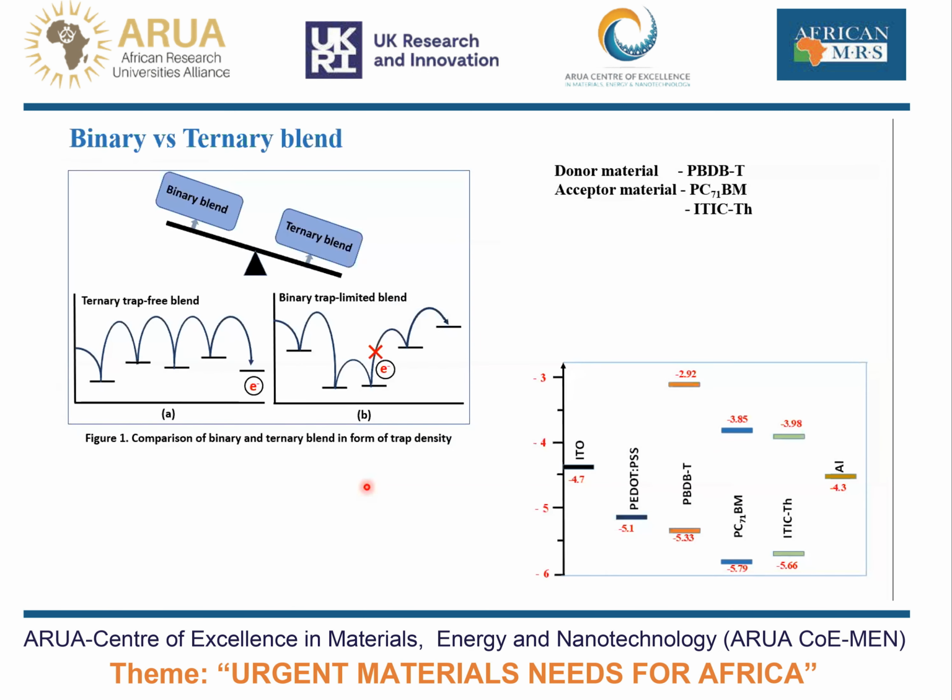So ideally, I choose to look at a device where you have a definite donor material, and then I will look at two acceptor materials, where one is classified as a fullerene acceptor and another is classified as a non-fullerene acceptor. So we want to look at a case whereby you have a donor material which is blended with just one fullerene acceptor, and we shall call it a binary system.